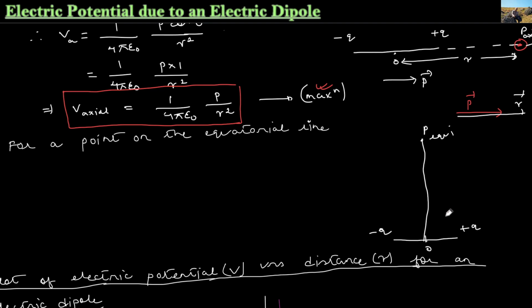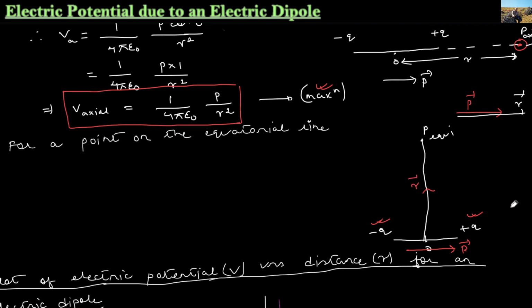Now, when you look vectorially, what is the direction of the electric dipole moment vector? The direction of the electric dipole moment vector is always taken from the minus charge to the plus charge. So this is our electric dipole moment vector. The direction of OP is in this direction.